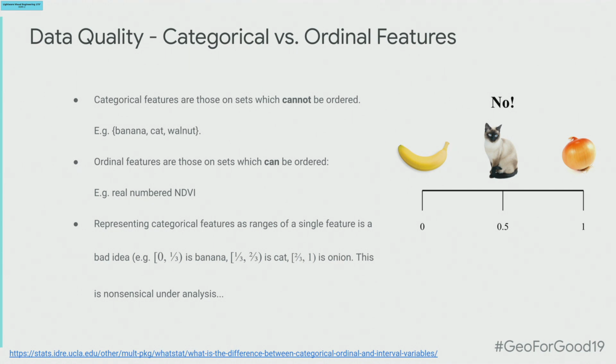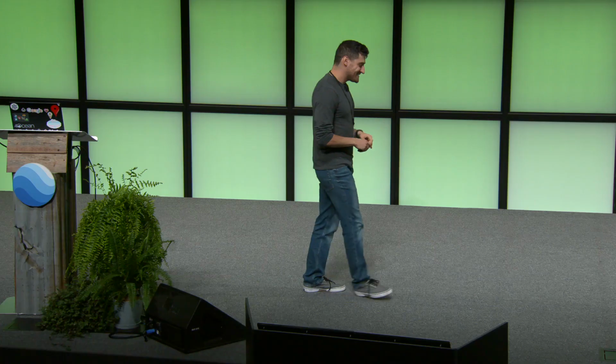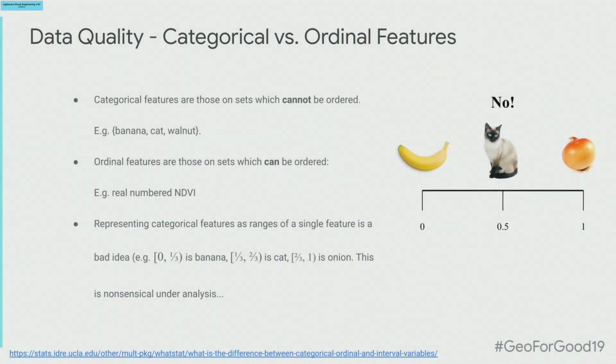So if I have bananas, cats, walnuts, these are classes, unless you have some definitive ordering that you'd like to put them in, it doesn't really make any sense. So you can't really put them in an order. And then ordinal features become something like a continuous variable, right? Like, this would be the actual sampled value from some Landsat band or something like that.